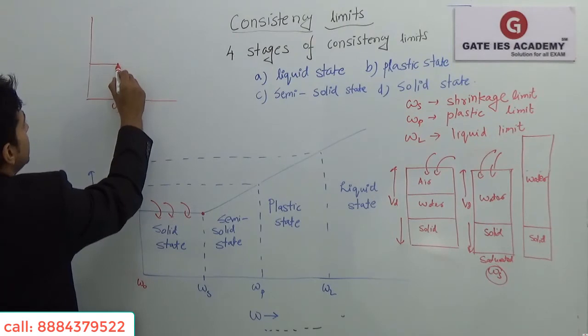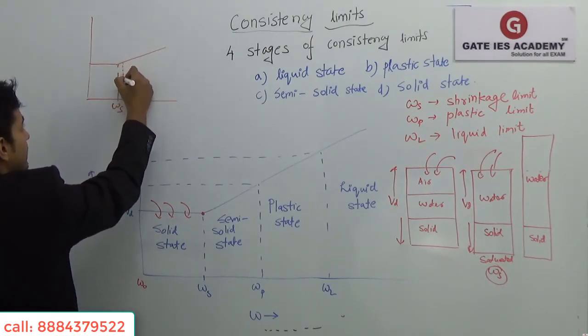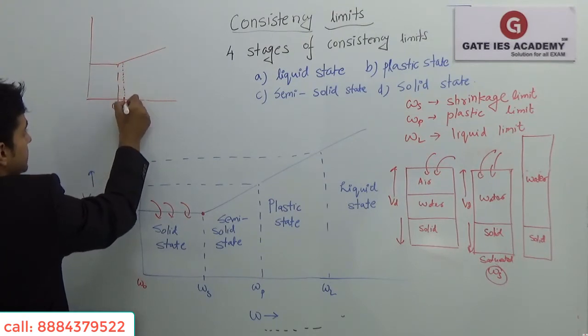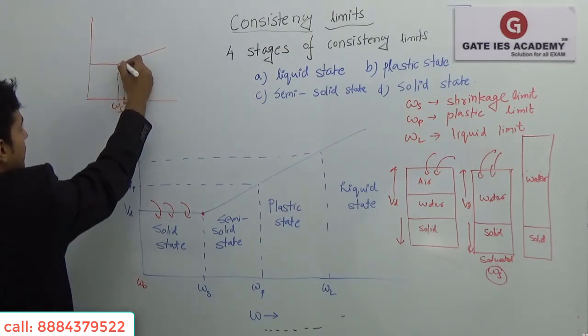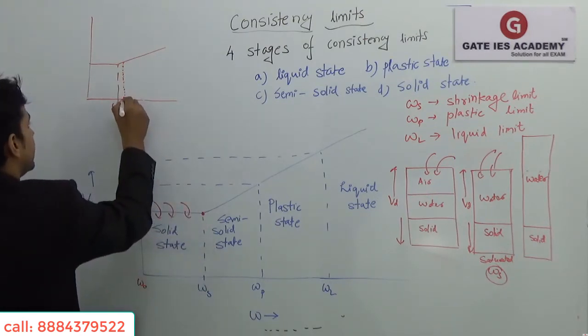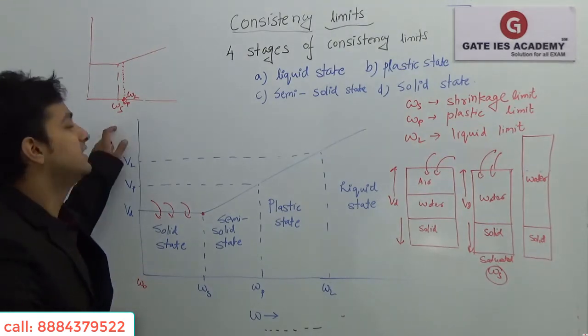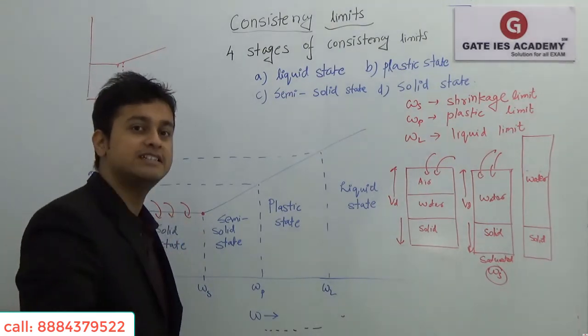Now after that, when the volume increases, you will find that only after some point of time it will be tending towards the plastic state, and after a small point, Wp and Wl will coincide with each other because there is not a lot of water it can take.